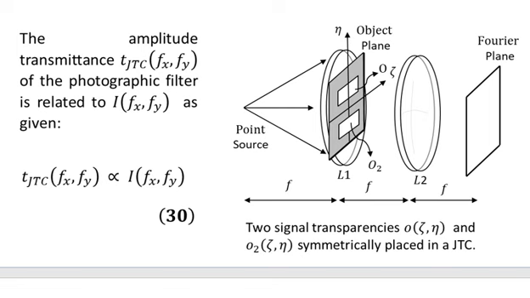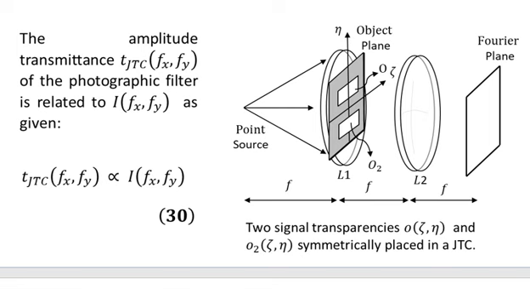So at the Fourier plane, if you place a spatial light modulator, or photographic film, or photo glass, then you can record the absolute value of the Fourier transform over here.